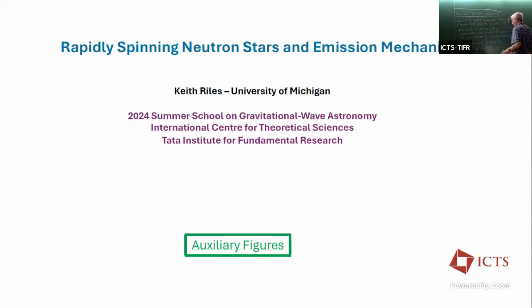And so at that point, we have what's sometimes called a proto-neutron star, which has a radius in the ballpark of 10 kilometers.